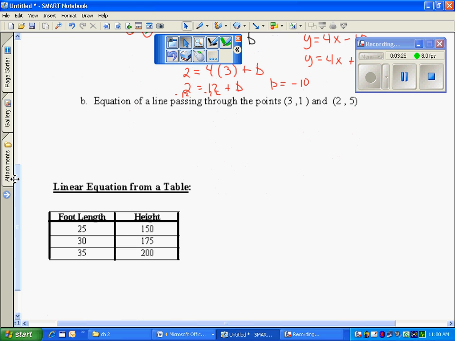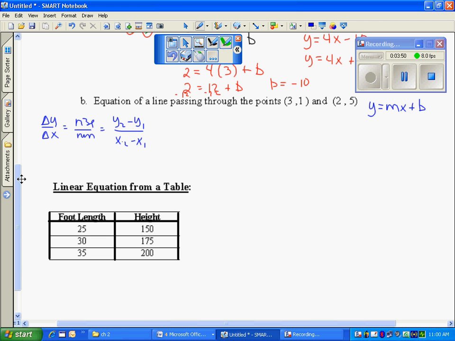A line passing through 2 points, so I don't have my slope. However, I know I need to find that. If I'm going to complete y equals mx plus b, I must find my slope. Finding slope: change in y over change in x, rise over run if I have a graph, or y2 minus y1 over x2 minus x1.